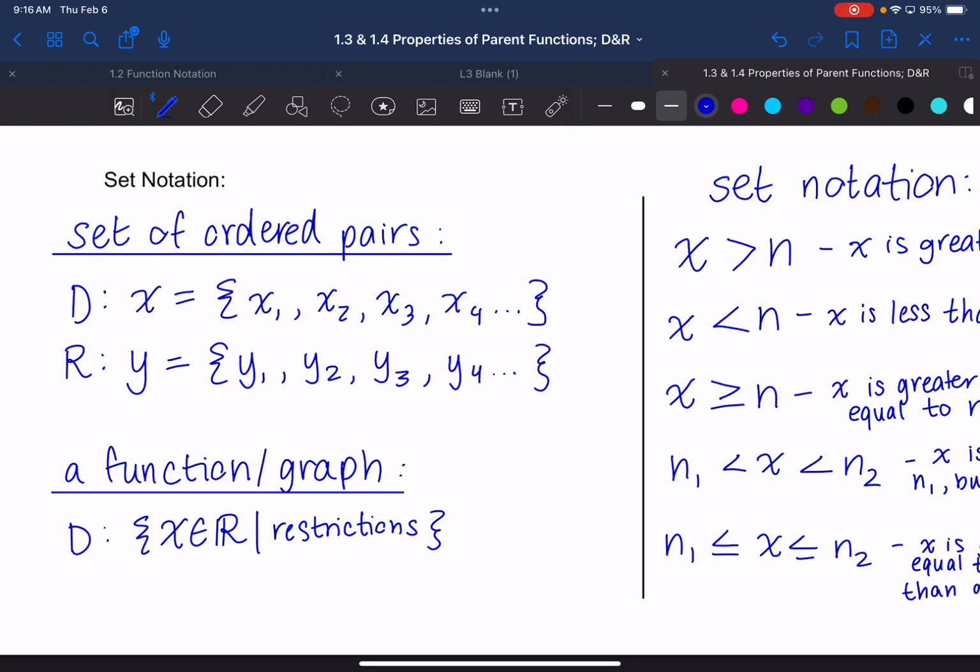That would go in the part where you're saying x is a real number, but, and then you describe the restriction. Same thing with range: y ∈ R, which just means y is a real number, not an imaginary number. And then you state your restriction. So again, is there a cap on how high this function can go? Or what is the absolute minimum of this function? That's where you would state that. And we're going to practice doing it.